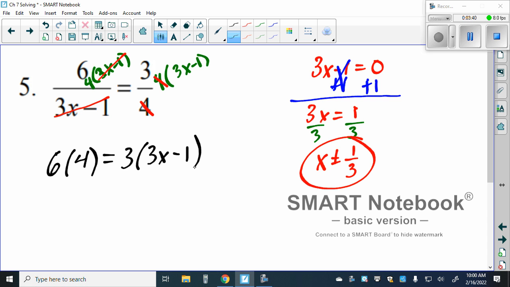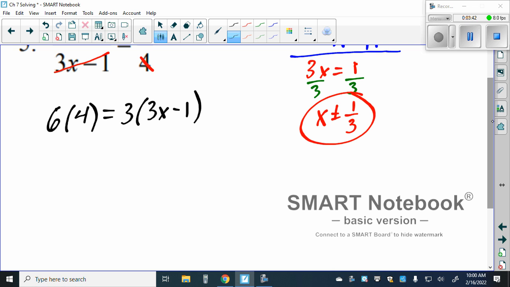Because if you feel comfortable at this point multiplying 6 and 4 when you simplified and the 3 times 3x minus 1, that's perfectly fine. Because we could have gone on and said 6 times 4 is 24. 3 times 3x is 9x. 3 times negative 1 is negative 3.